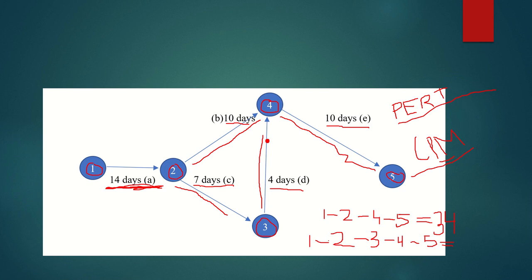So 14 plus 7 is 21, 21 plus 4 is 25, 25 plus 10 is 35, sorry, this is 35. So the longest path is the second one. So this is your critical path in this network.